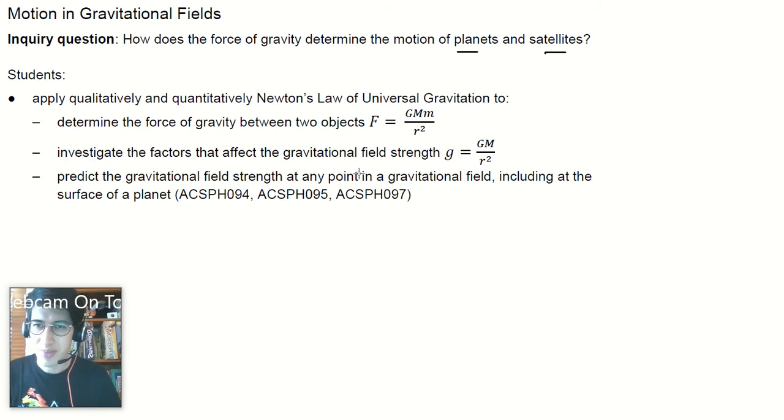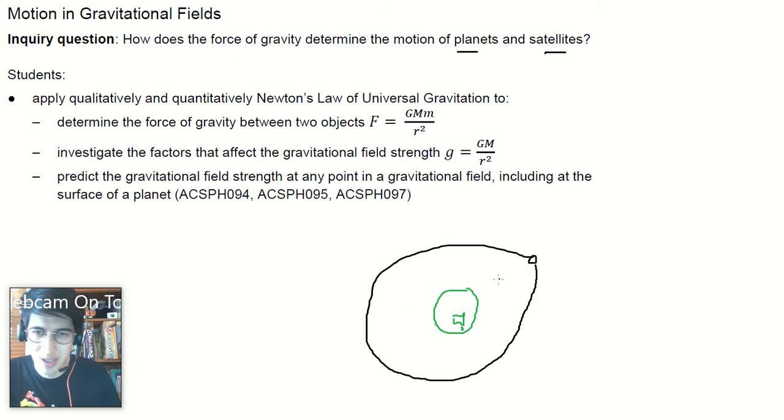Okay, how this relates to satellites. So satellite, again, if I draw the Earth, I try to draw Australia, there it is, there's Tasmania, and we have a satellite going around it. Here's my satellite. It could be the International Space Station, for example, and it's moving around the Earth in uniform circular motion.